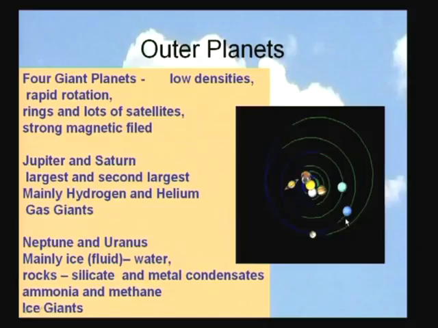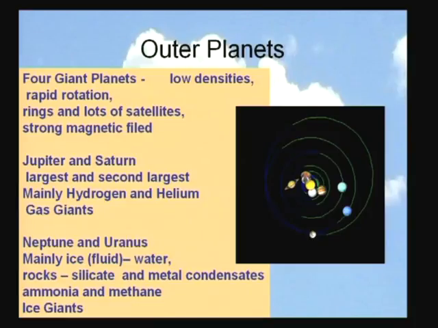There are 4 outer planets: Jupiter, Saturn, Uranus and Neptune. The trajectory of Pluto is also shown here, but as I have told you, Pluto is no longer considered to be a planet for reasons which we shall discuss as we go along in today's lecture.